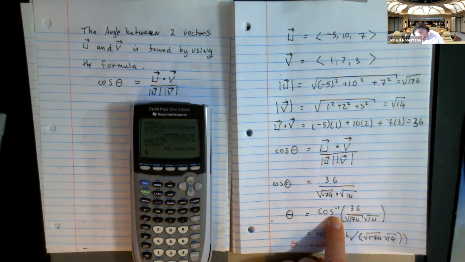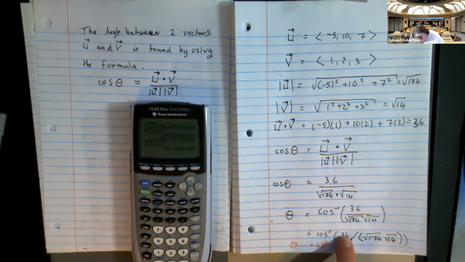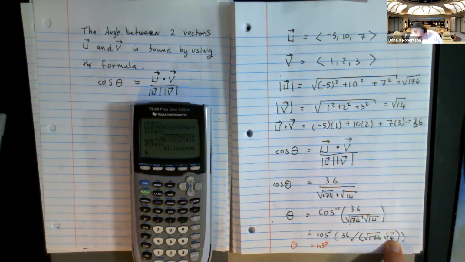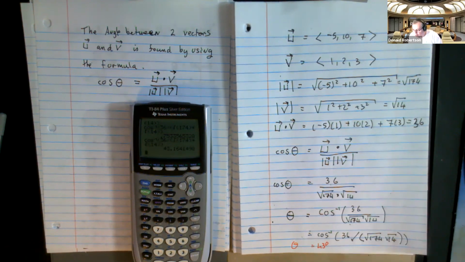Bracket, the top guy divided by another bracket, the two square roots, close a lot of brackets, and always be on the lookout for, do you want radians? Do you want degrees? And we're assuming that everything is degrees, unless, you know, otherwise.